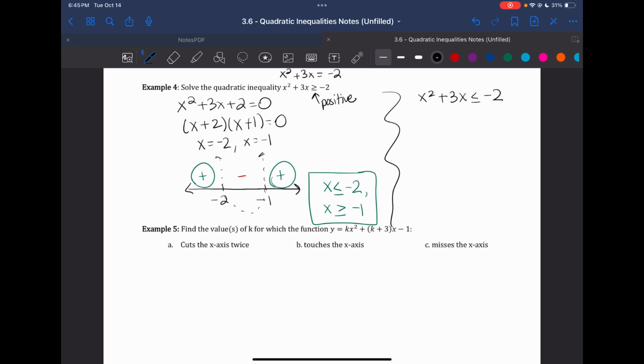But instead, I would no longer want where it's positive, and I would want where is it negative. So that would change what my answer looks like. Because in this case, the negative is in between the -2 and -1. So that would influence how I write my answer. And instead, I'd write -2 is less than or equal to x is less than or equal to -1. And that would be my answer.